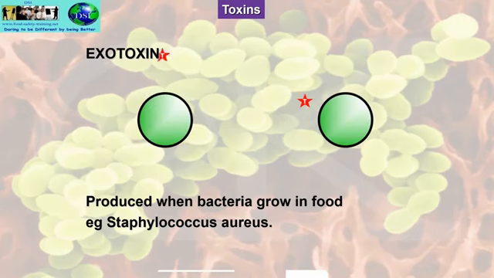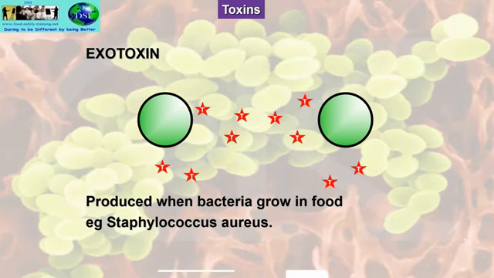And toxins are organic poisons produced by animals, plants, and bacteria. The first one is called, with bacterial cells, an exotoxin. These are toxins, poisons, which are produced when the cell multiplies or grows in food.